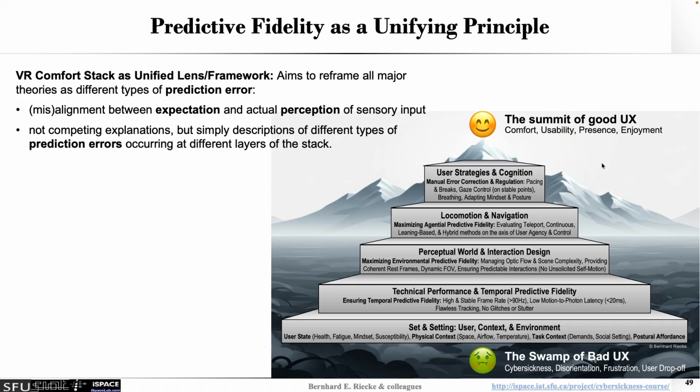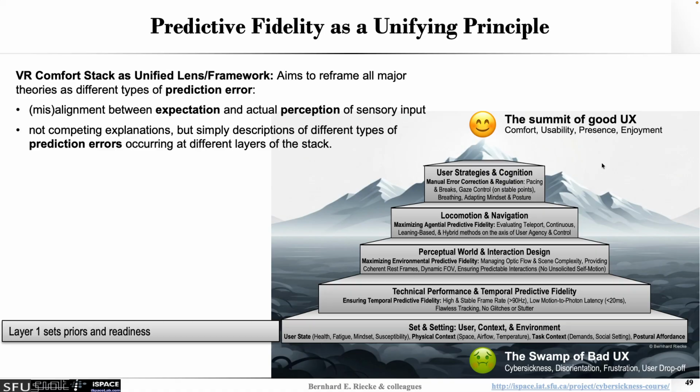Not to have a meta theory, but really to put them into the different layers so it makes sense. And the main idea is really the prediction error, as you know, and it's really the misalignment between the expectation and the actual perception, and also where exactly these happen.